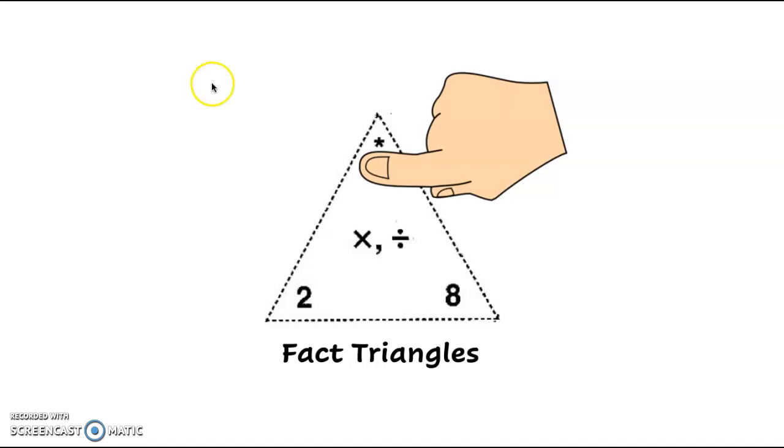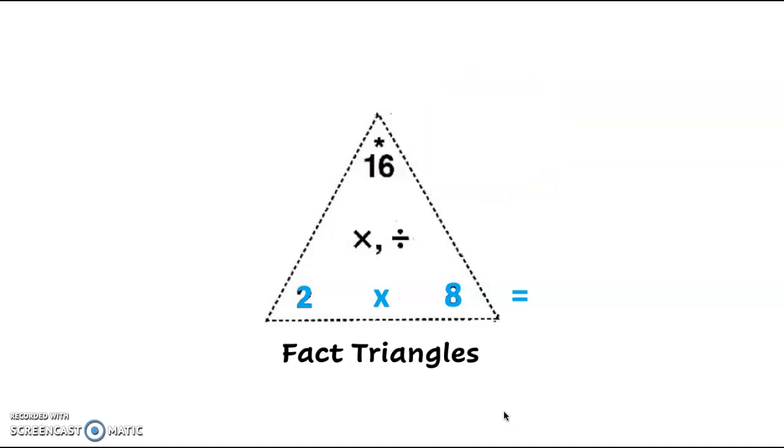Now, if you want to multiply, you are going to cover the top corner, just like this finger is doing in this picture. So what you would do here is 2 times 8 equals, it's under the finger. 2 times 8 equals 16. Okay, friends, go ahead and practice with your fact triangles.